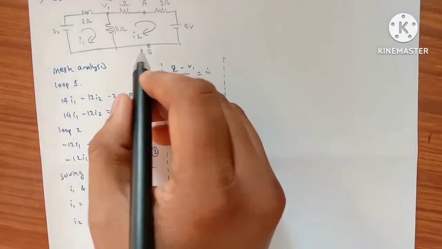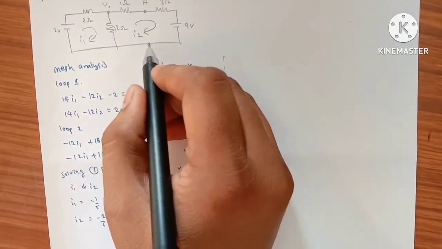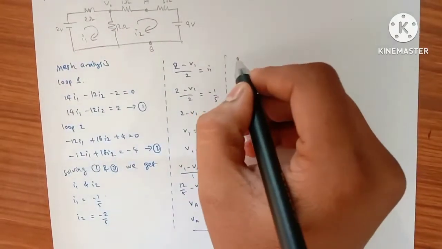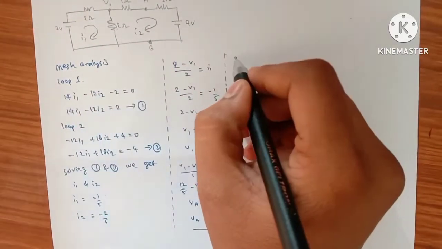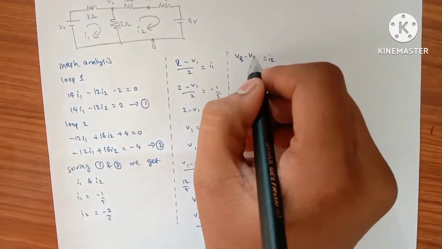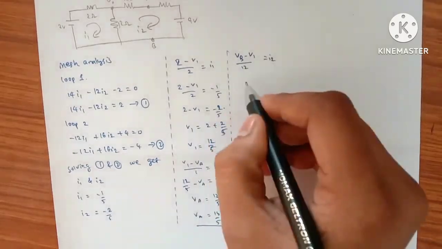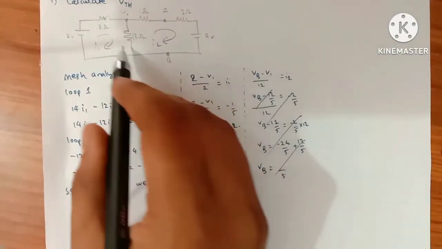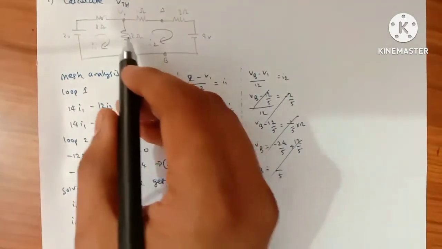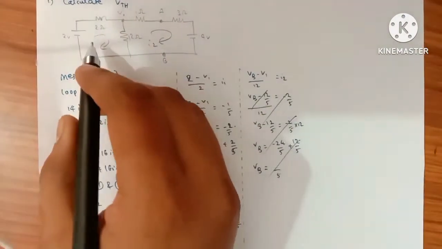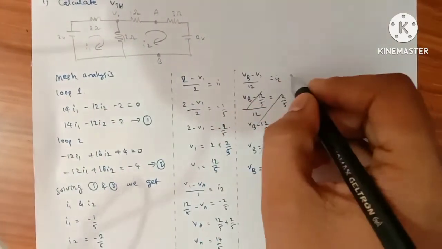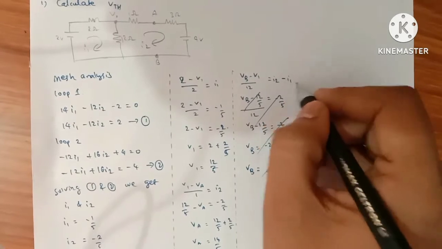Again, we want to calculate VB. I am using this equation along with the current direction. So VB minus V1 by 12 ohms. To find VB, we are taking VB minus V1. Here I2 is along the direction, and I1 is coming opposite to the direction, so minus I1.